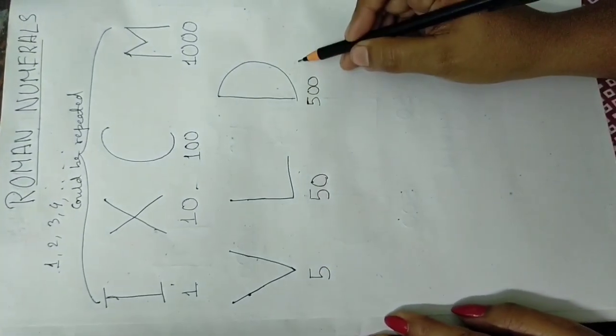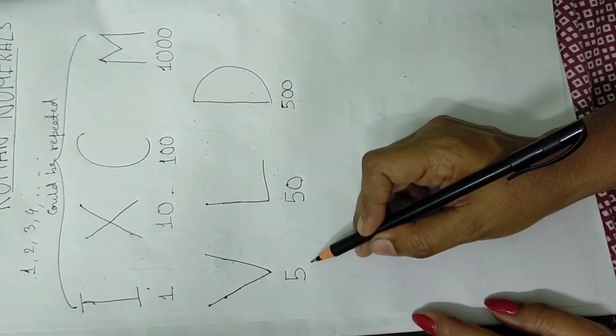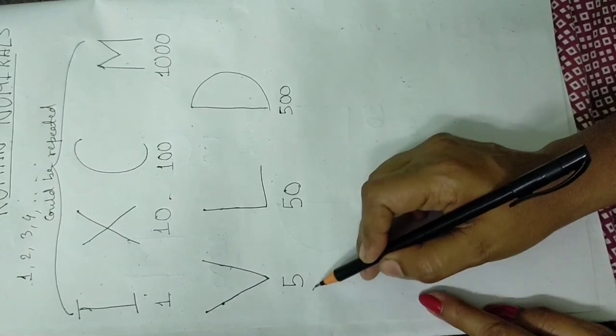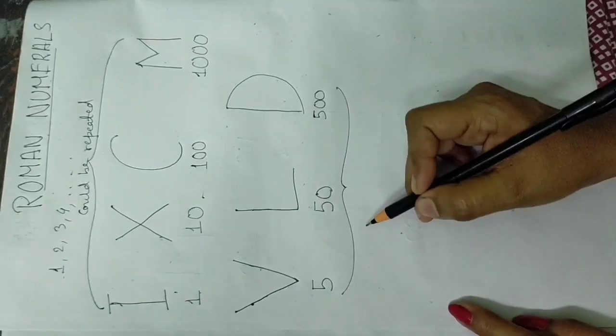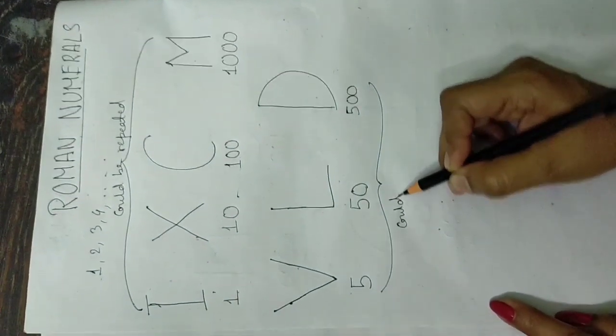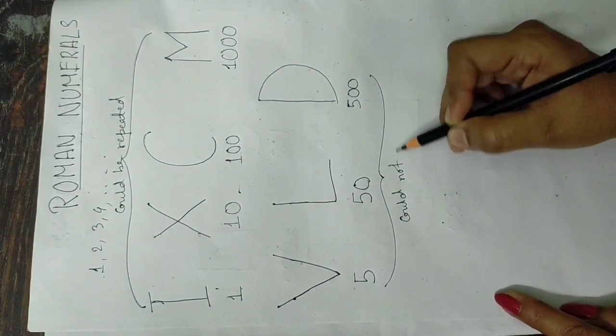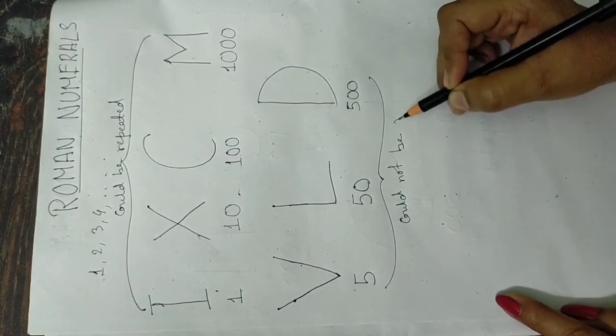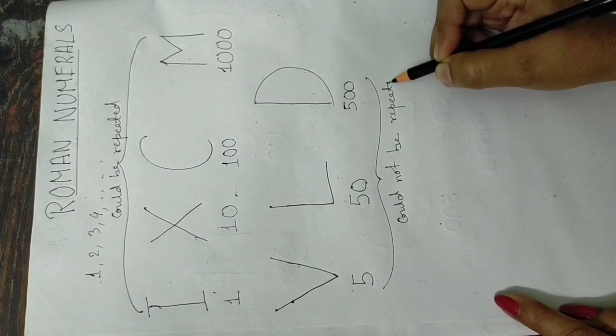And the symbols which represented numbers with 5 could not be repeated. So V, L and D could not be repeated.